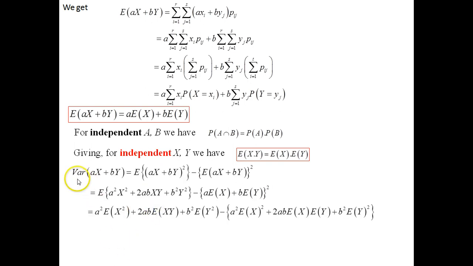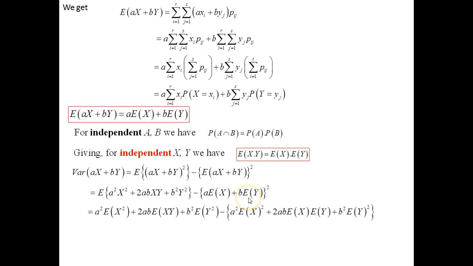Therefore, the variance, that's what we need to work out, of the combination ax plus by is the expected value of the combination squared minus the expected value of the combination all squared.